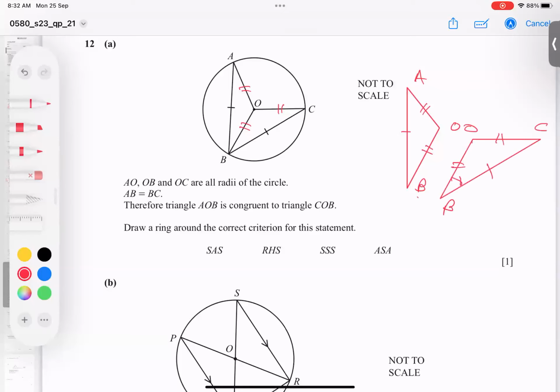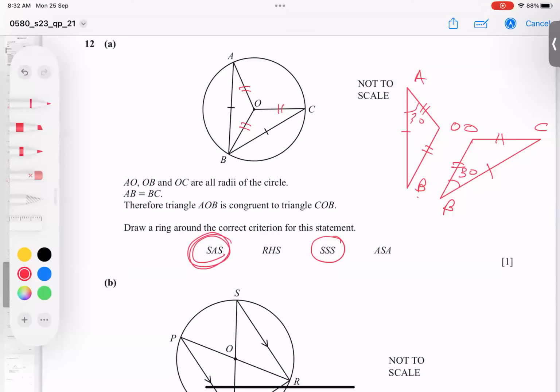Actually, no angle is required, no angle is involved in these calculations. So we have all three sides, so we'll use the answer SSS. Sometimes if an angle is used, let's say this is 30 degrees and this is 30 degrees, then we say angle side angle, or side angle side.